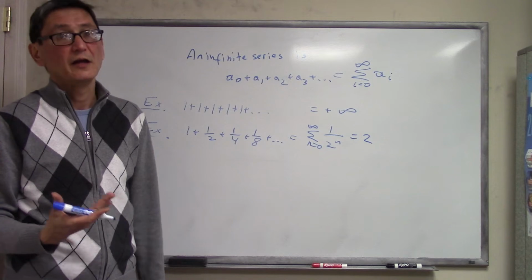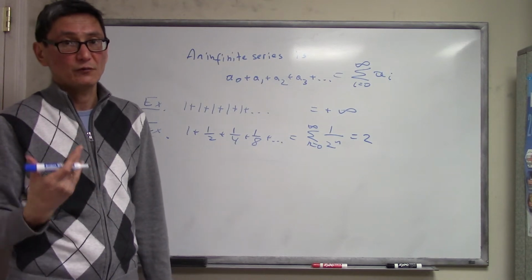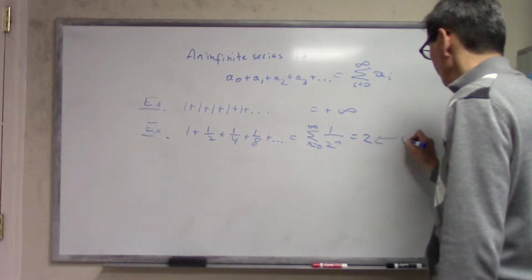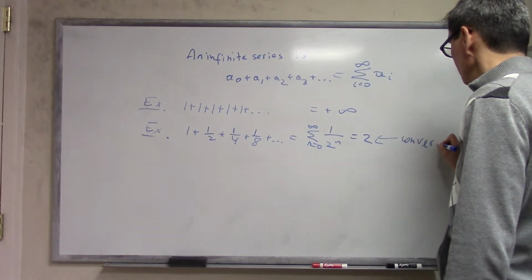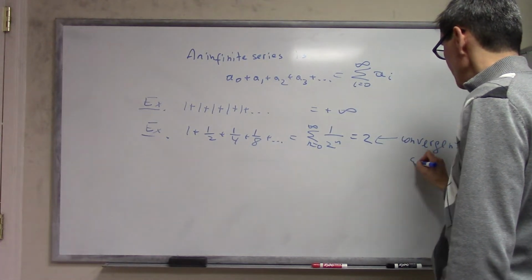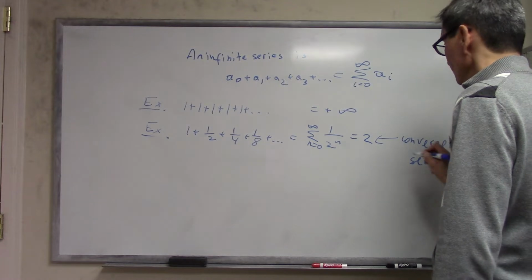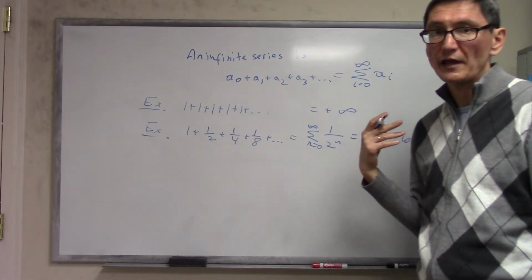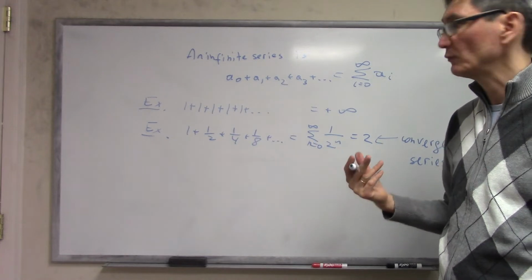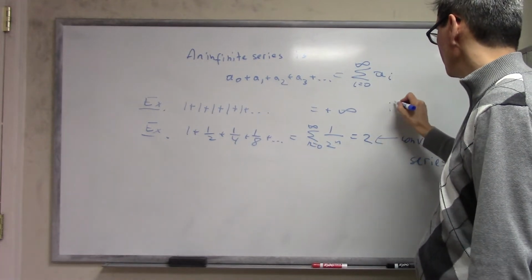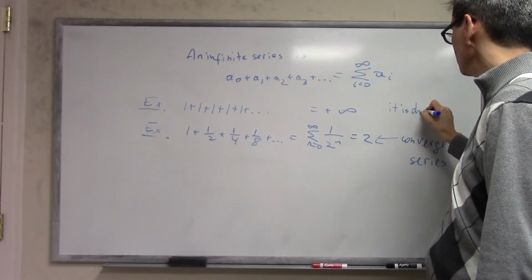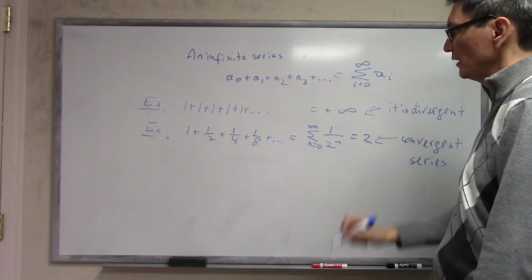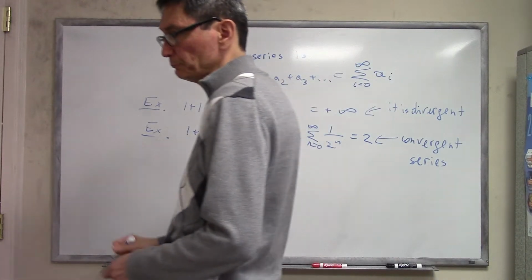In the first case, when we get a finite number, we'll say they're convergent, or that the series converges. If an infinite series does not add up to a finite number, we'll say it is divergent. So our first example is an example of a divergent infinite series.